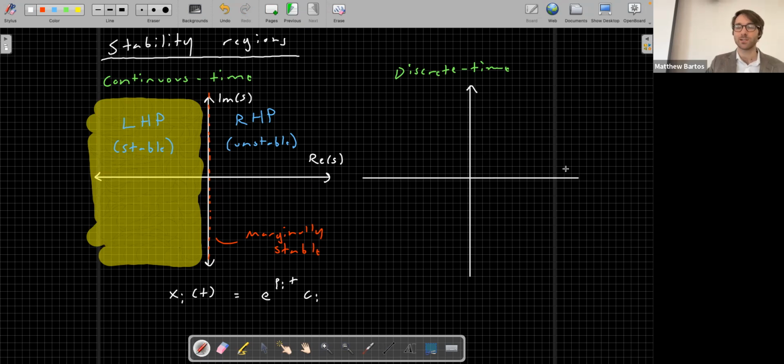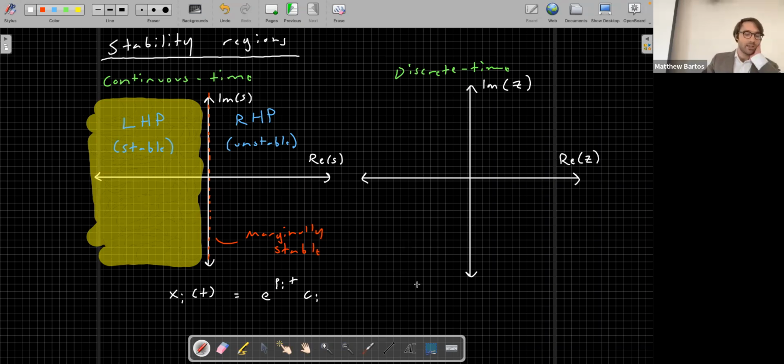Just to note, I don't cover it in this class, but for discrete time systems, there is an analogous transform to the Laplace transform called the Z transform, which does essentially the same thing that the Laplace transform does in continuous time. So in the discrete time system, we have the imaginary component of Z, the real component of Z.